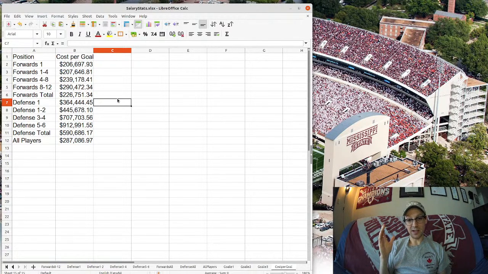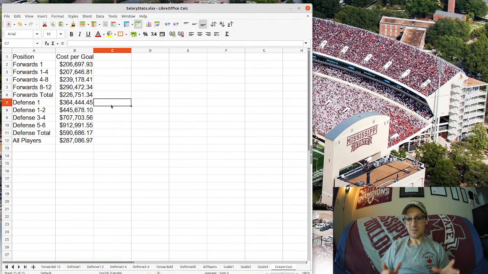Again, you have to factor in that their contributions are not just scoring, it's a whole bunch of different factors. But we're kind of using goals as a foundation for determining values of players moving forward, because there's just so many different factors and you have to choose something.